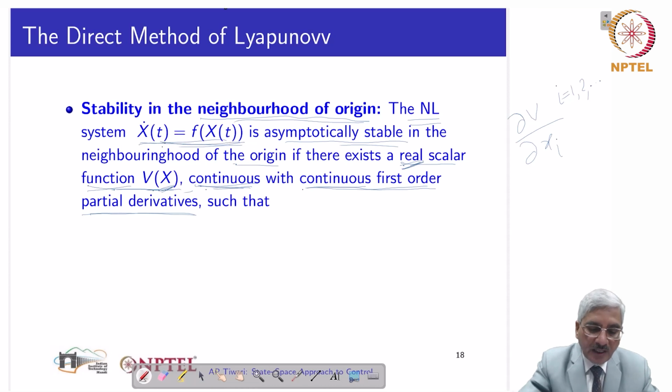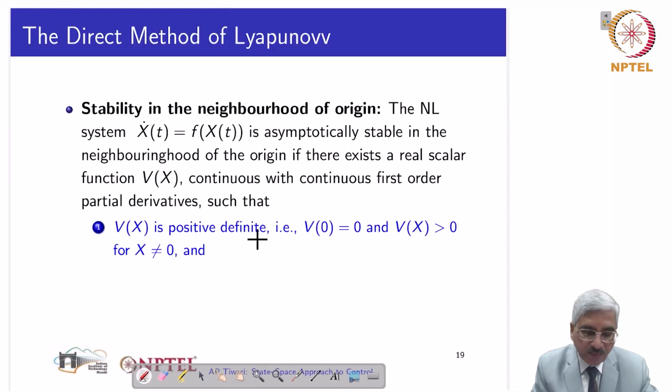and if it satisfies this property of being positive definite, that is, at the origin it has to be 0 and at all other points than the origin it should be positive.